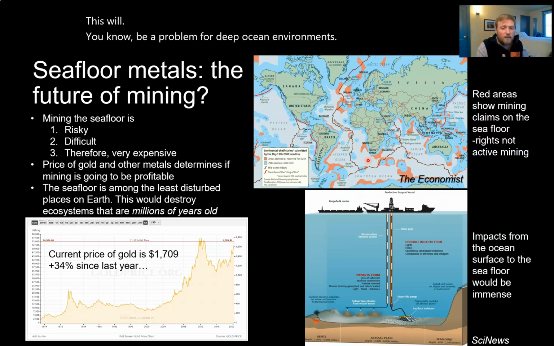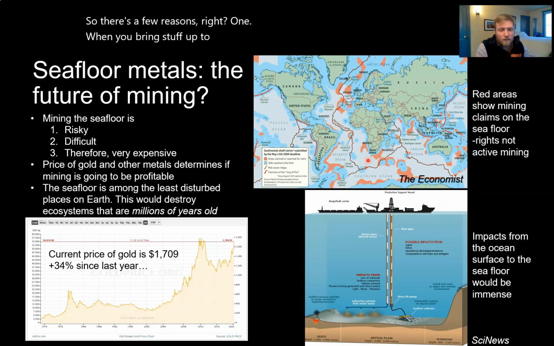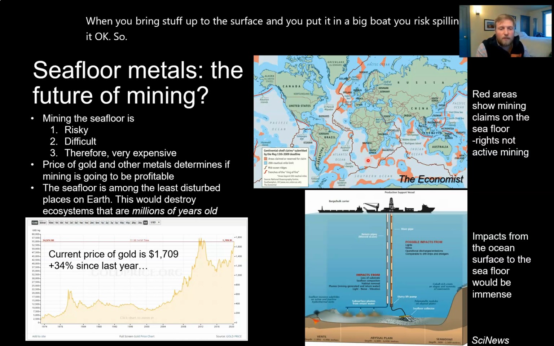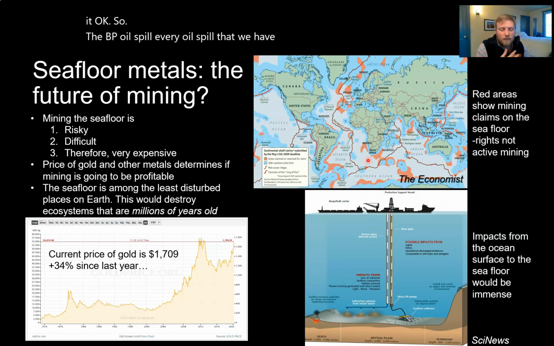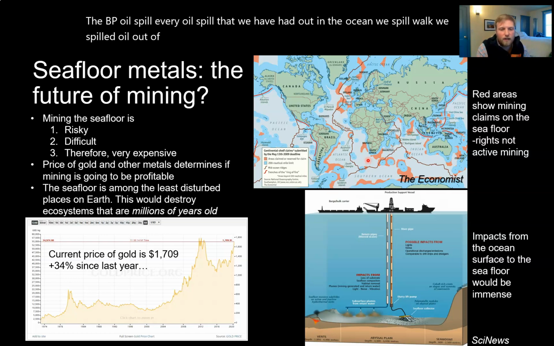So there's a few reasons, right? One, when you bring stuff up to the surface and you put it in a big boat, you risk spilling it. Okay, so the BP oil spill, every oil spill that we have had out in the ocean, we spill the oil out of the ship floating in the water, and then it destroys the environment. This is different.